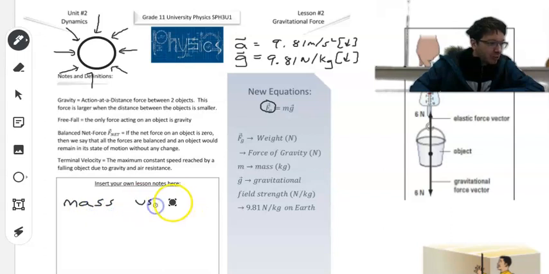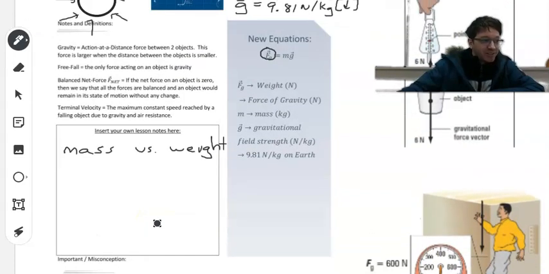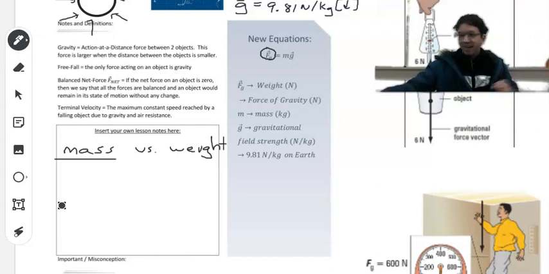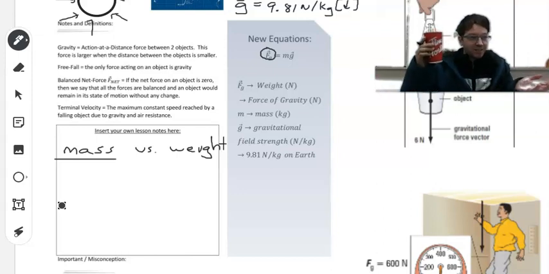Now, before I go any further, I do want to make sure we properly define mass versus weight. In English, we use these two terms interchangeably, but in physics, they do not mean the same thing. Mass, which you probably first learned in a chemistry course, is just the amount of matter, or stuff. So you can say, I don't know, this coffee.